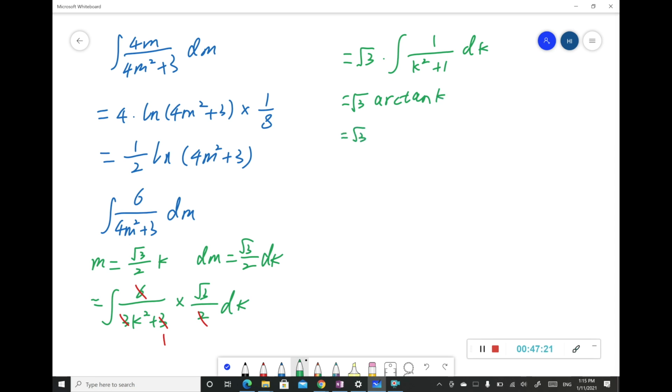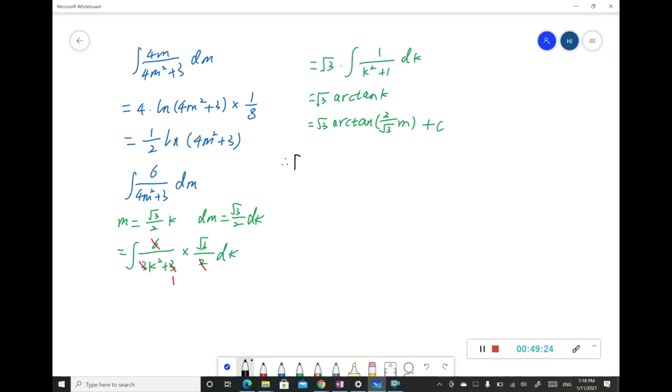And we could bring the m value into the k, so it's arctangent of 2 divided by square root 3 times m. So we solve this one, and we could bring the u value. We could change it, and there is another constant, so we need to plus c.